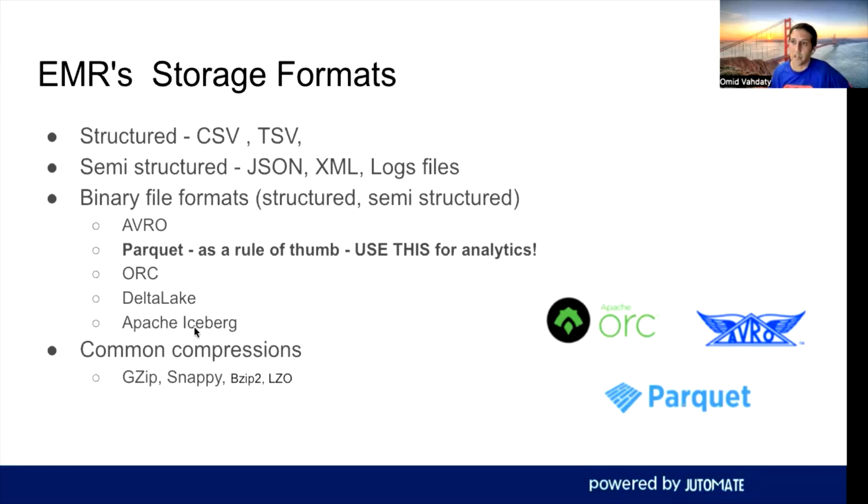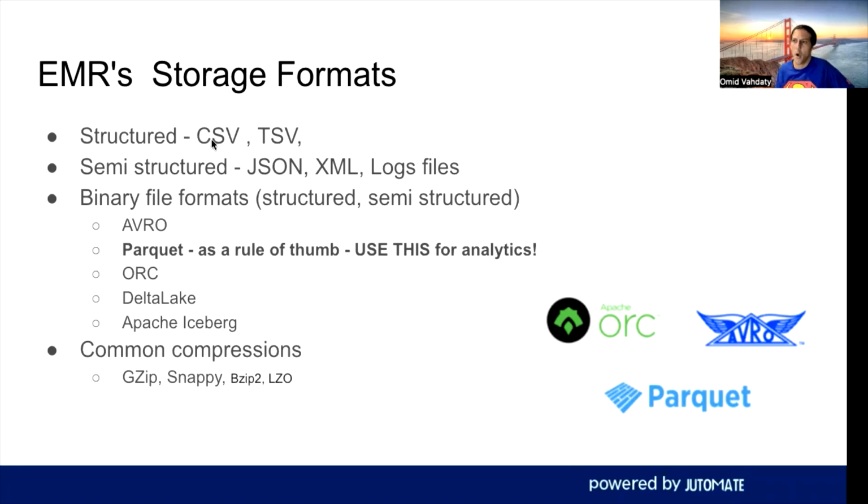And it gets trickier. Why? Because it doesn't matter which file format it is, you can compress it. And why do you want to compress a file? You want to compress a file because it will take less disk space.